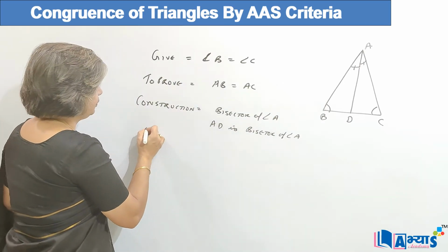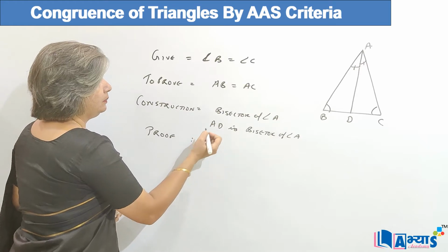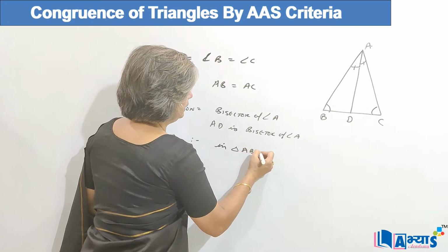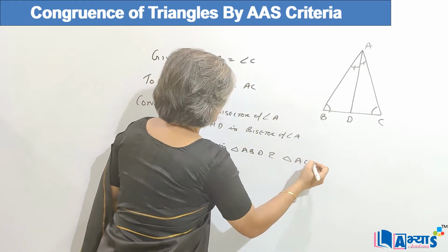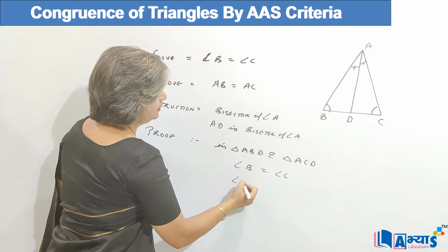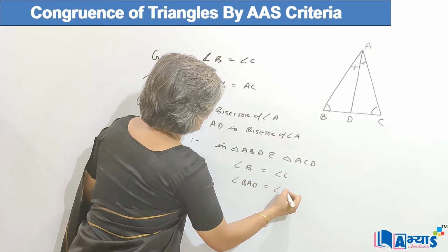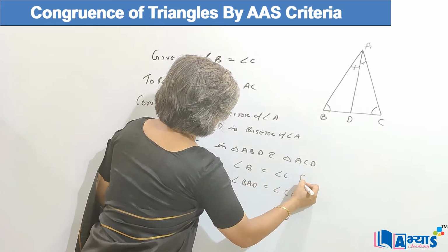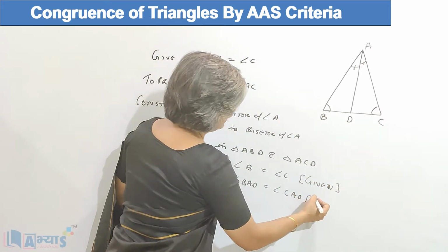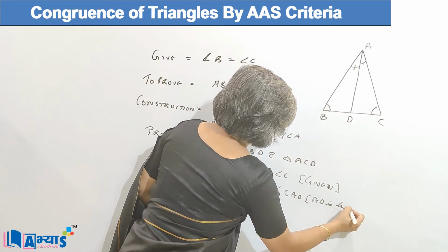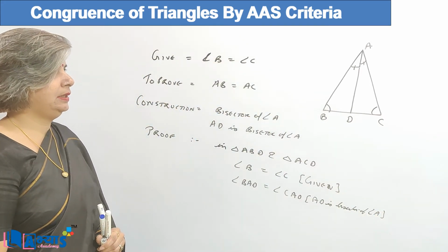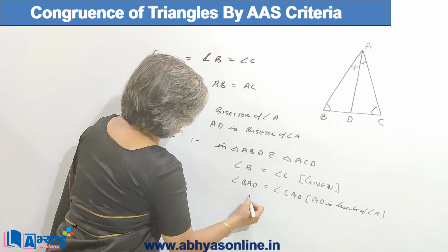So now we have to prove that AB is equal to AC. Now in triangle ABD and triangle ACD, we have been given that angle B is equal to angle C, angle BAD is equal to angle CAD. This has been given to us, and we know that as AD is the bisector of angle A, angle BAD is equal to angle CAD, and AD is equal to AD.